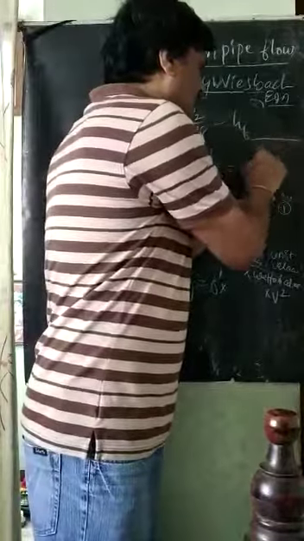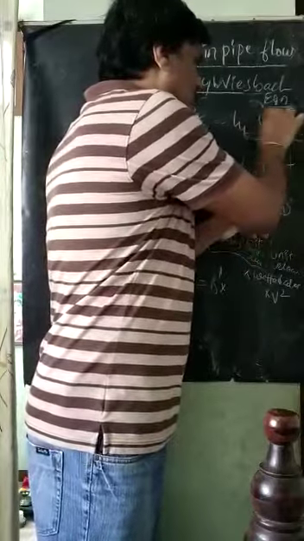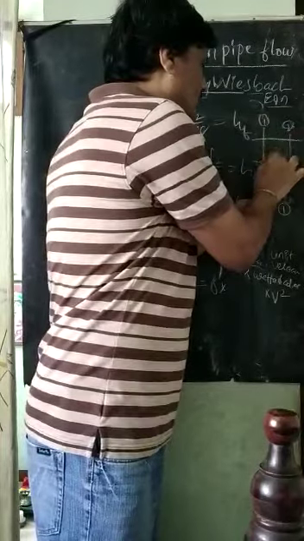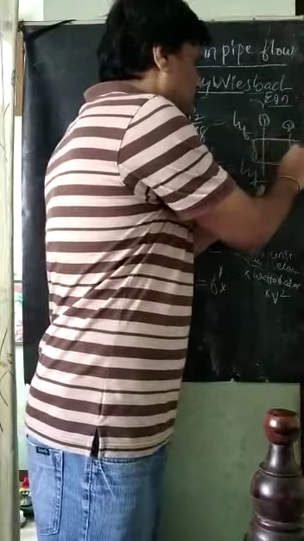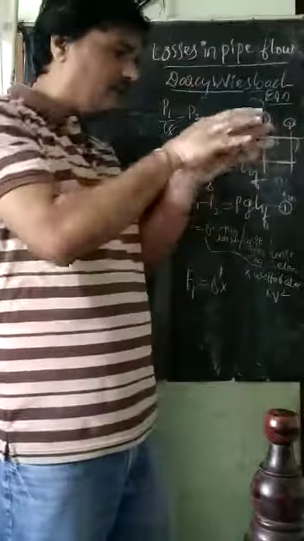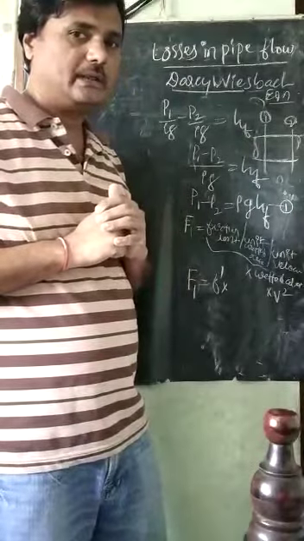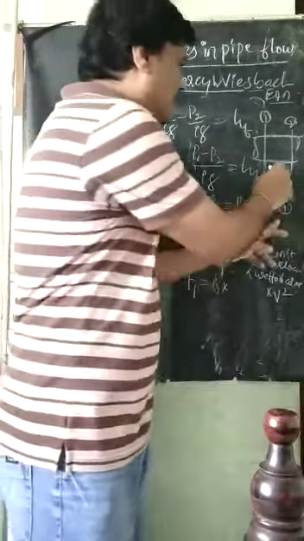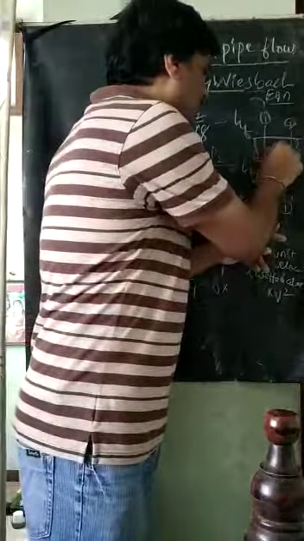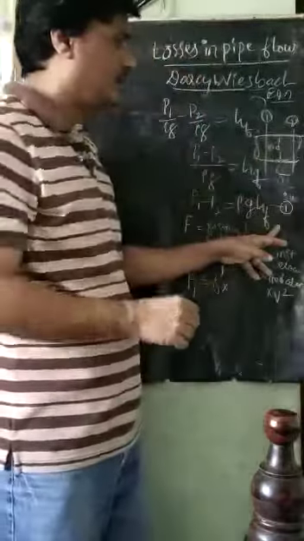If this pipe is there, with section 1 and section 2, this is a circular pipe. The surface area between section 1 and 2 is called the wetted area. How to find it out? This is L and this is the diameter D, as we have already taken notations.